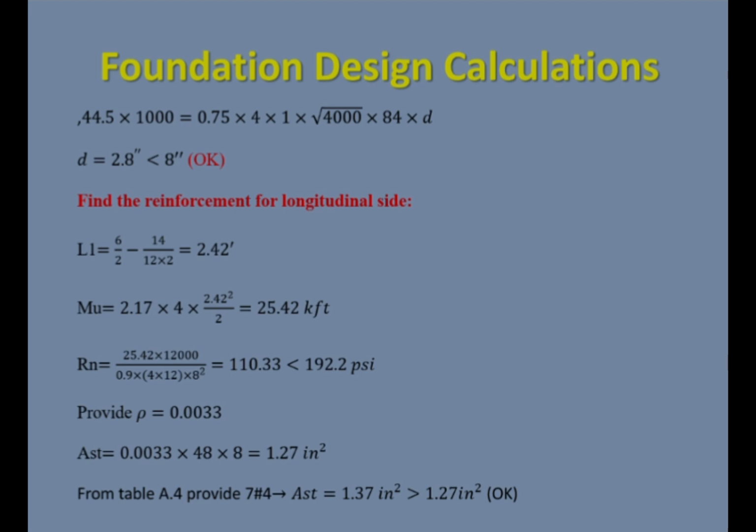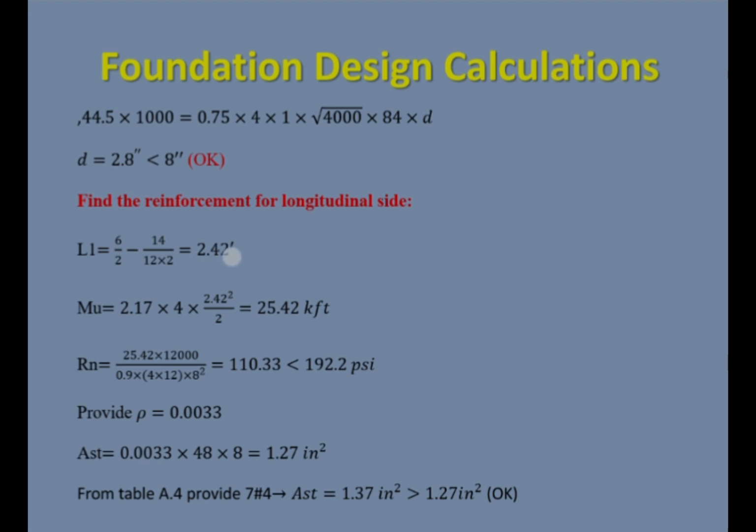alongside the x-axis. So first we are taking 6 over 2, which is the length of the foundation alongside the x-axis, and we subtract the length of the column alongside the x-axis over 2.